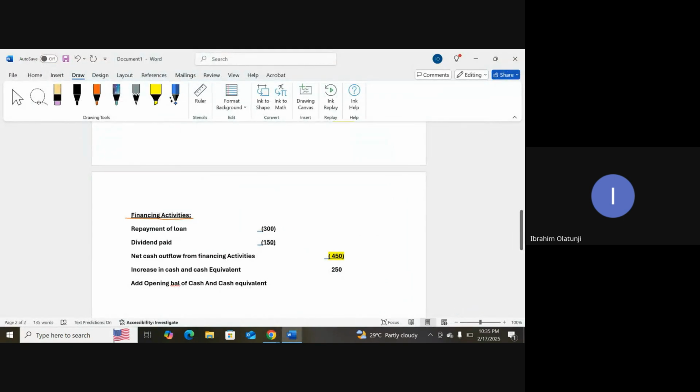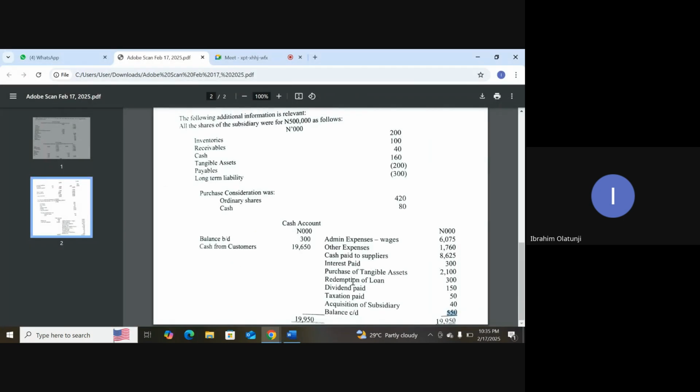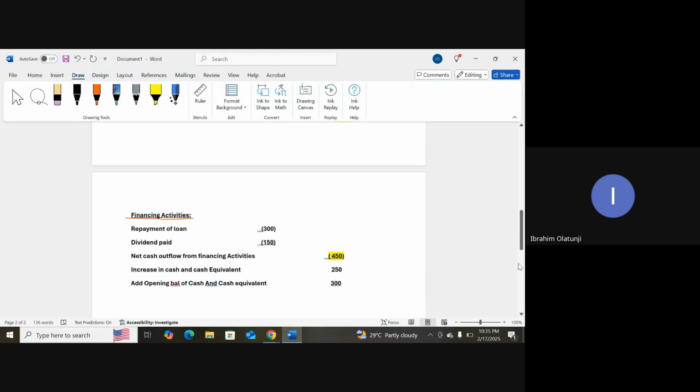Then you come here and say opening balance of cash and cash equivalent 300. By the time you add 300 and the 250 together, you must get exactly that 550, the closing balance that I showed you.